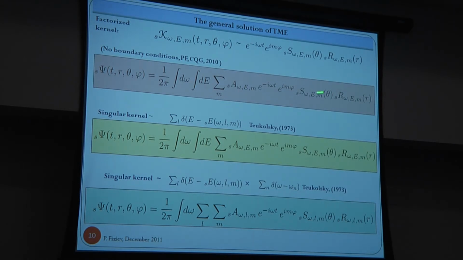But there is a more general approach suggested in my article, in which we can write down the most general solution of the Teukolsky master equation, which does not obey any boundary conditions for the beginning. The next step is to use different boundary conditions. For example, if you use the standard boundary conditions for the angular equation, you will get from here the standard Teukolsky formula.